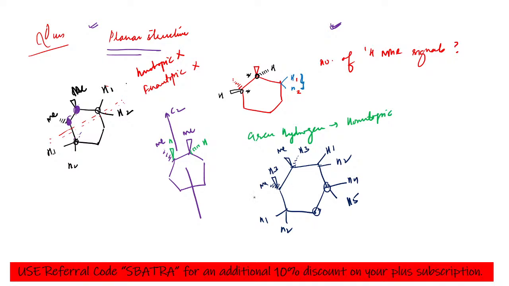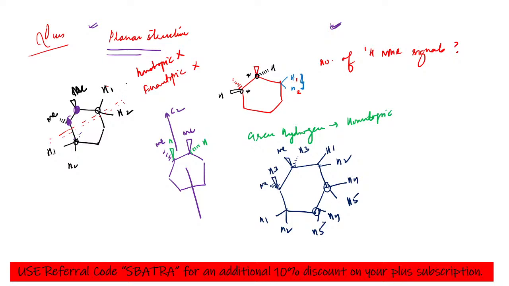This will give you H5, and this will give you H4 and H5. Is it clear? Okay, so how many peaks do we have now?